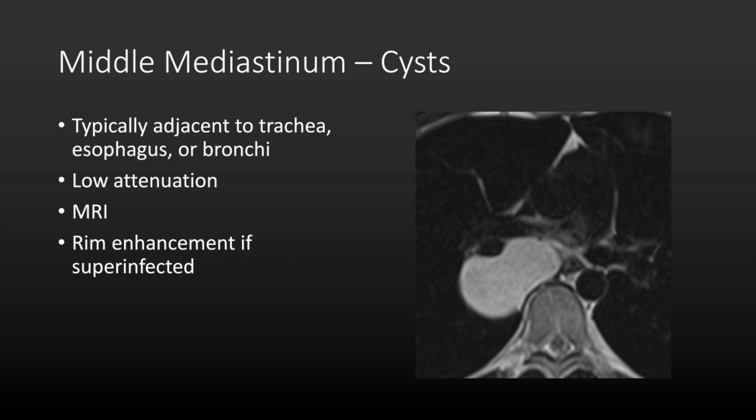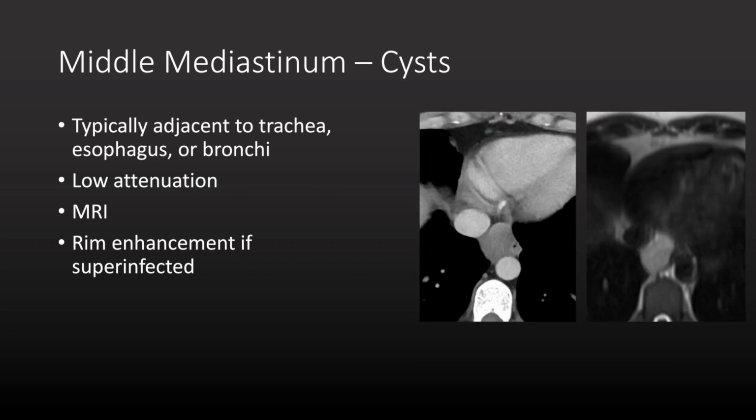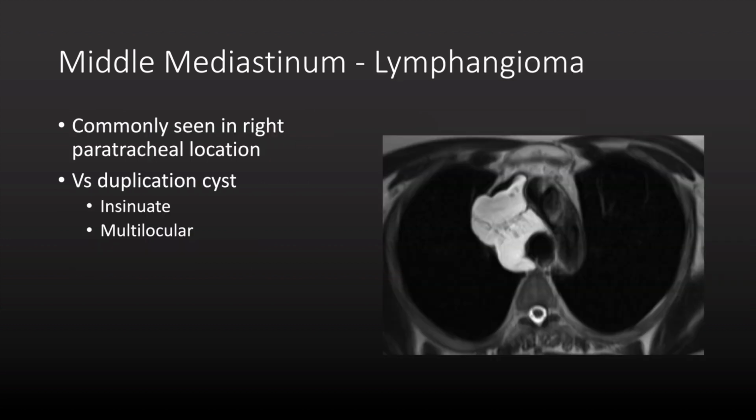Usually the middle mediastinal cysts are not a difficult diagnosis to make with MRI. But on CT, they can be occasionally confused with subcarinal lymphadenopathy. Here's another example of a duplication cyst adjacent to the esophagus. This lesion is sort of intermediate soft tissue attenuation on CT, but is fluid attenuation on MRI and did not have any enhancement.